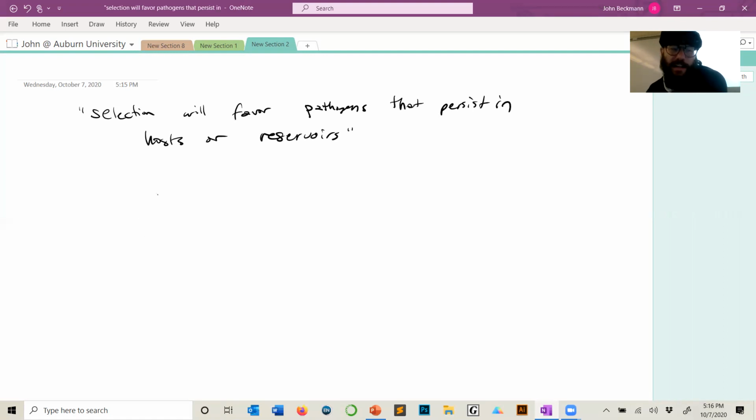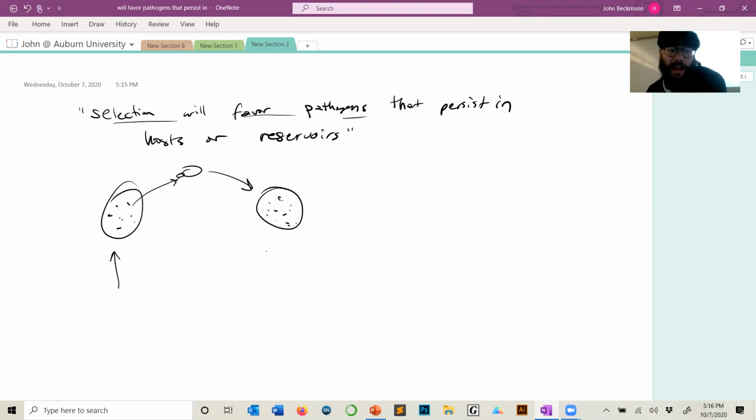In the context of this class, we're always thinking about an organism that's infected, and a vector that picks up that organism and transmits it to a new host or a new place. What I'm saying here is selection is going to favor pathogens that are able to hang around in these places. Why is that? And how does this relate to pathogenicity?